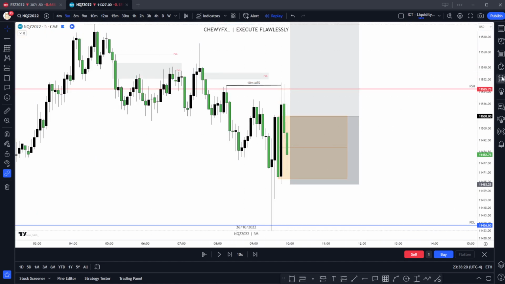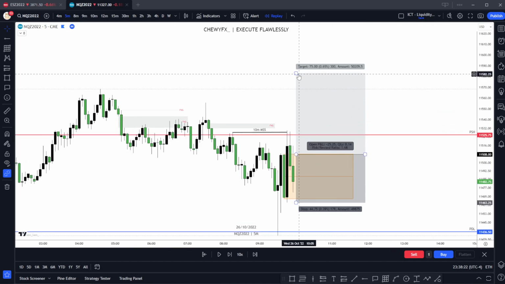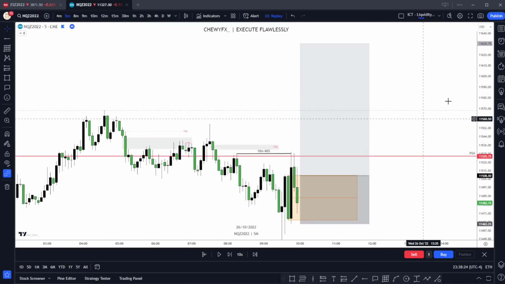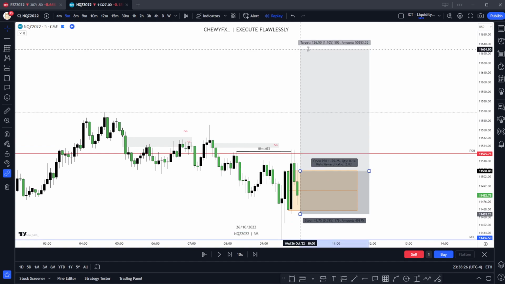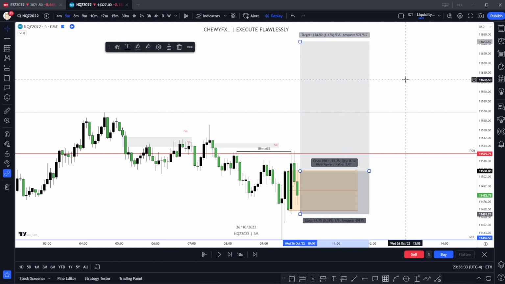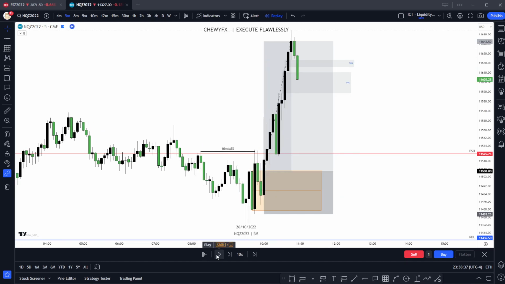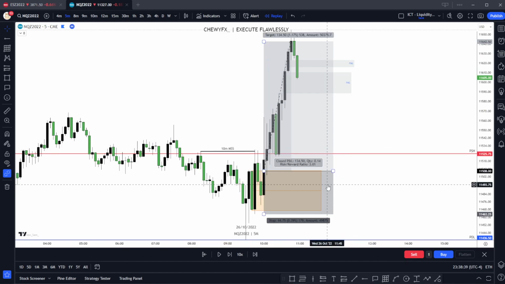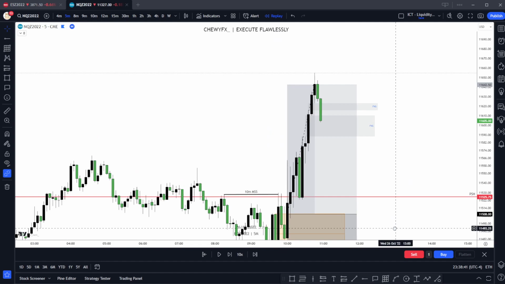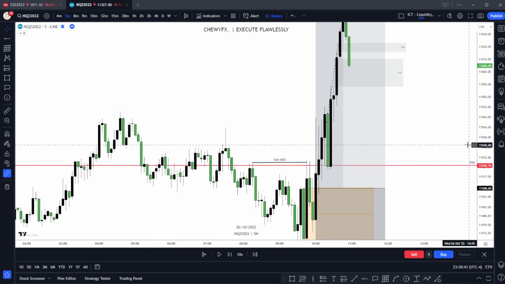Anyways, let's just continue this play out for your own purposes, so you can see why I have these limits for these stop loss sizes, and there's a reason why I do. So let's let this play out. In this case, we can see that the market actually had lots of volatility.